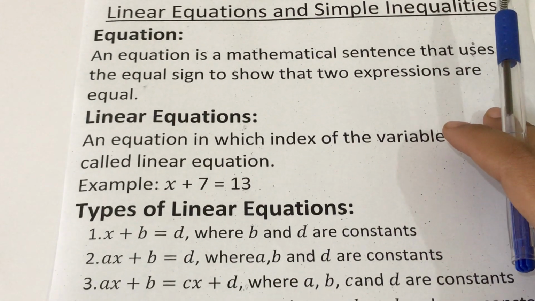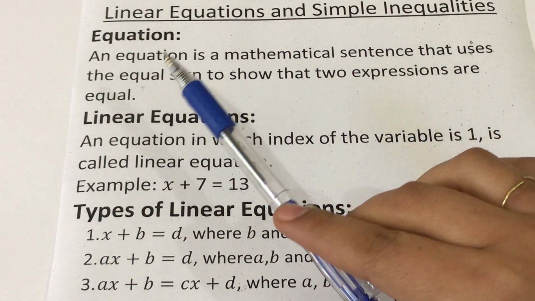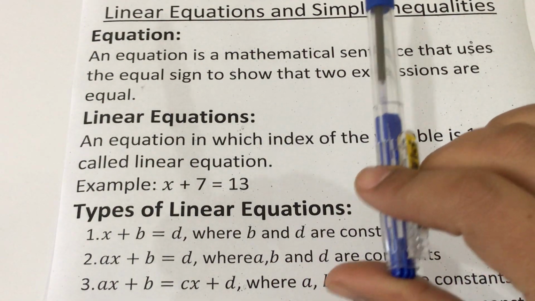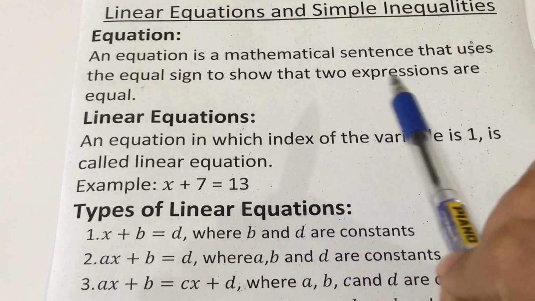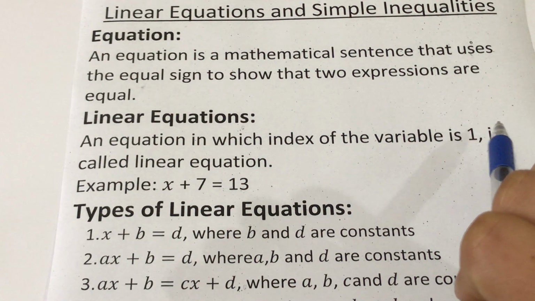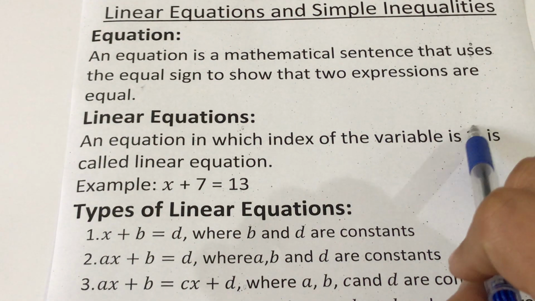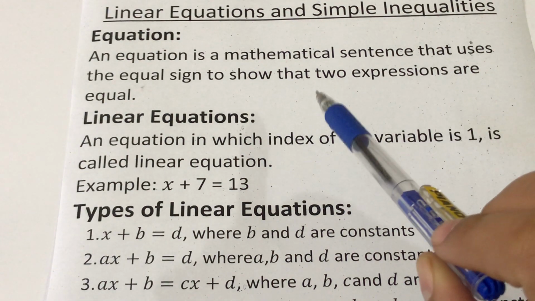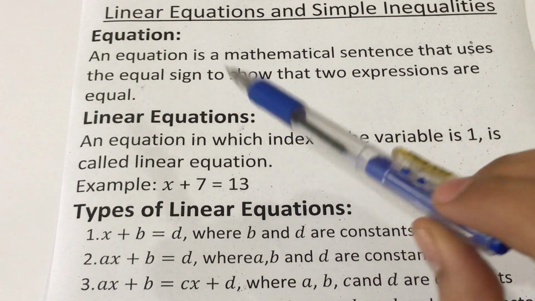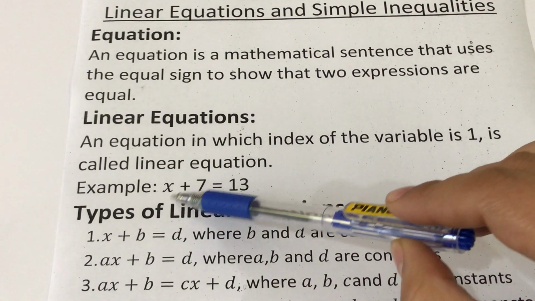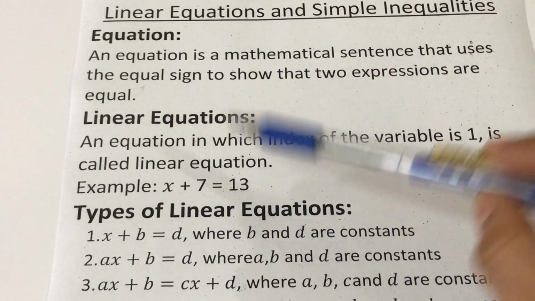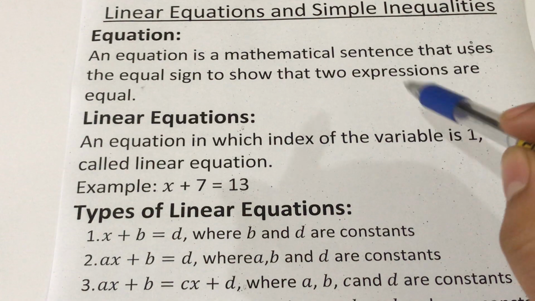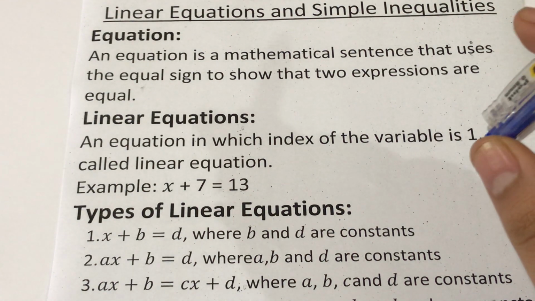The next thing we are going to revise is linear equations. Linear equations are the equations in which the index of the variable is always 1. An equation in which the index of the variable is always 1, this is called a linear equation. Index means power of the variable. For example, x plus 7 is equal to 13 is a linear equation.